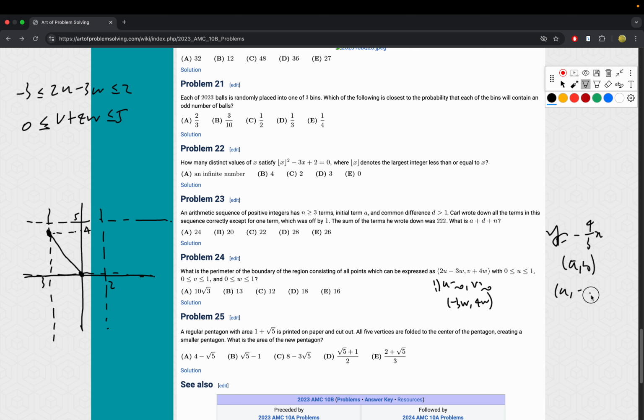Then we have a comma negative 4. Let w equal negative 1 over 3a. Then we have negative 3w comma 4w. So we just proved that it is indeed a straight line.